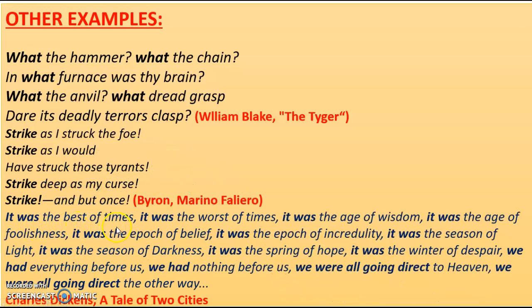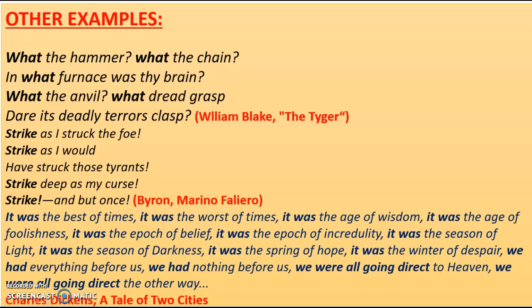The next one, here. "It was the best of times, it was the worst of times. It was the age of wisdom, it was the age of foolishness. It was the epoch of belief, it was the epoch of incredulity, it was the season of light, it was the season of darkness, it was the spring of hope, it was the winter of despair.